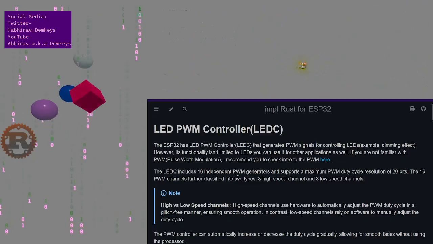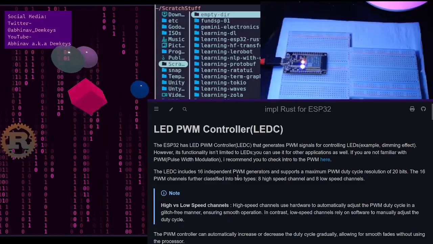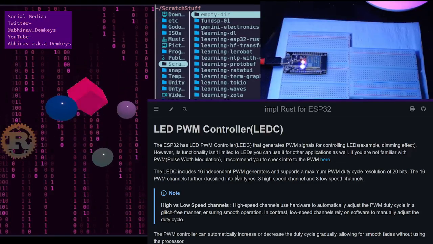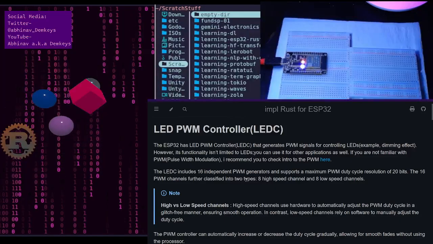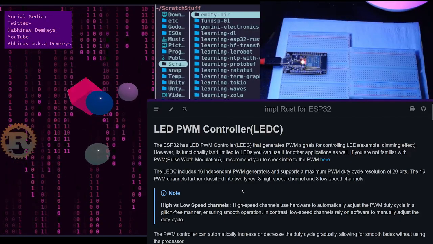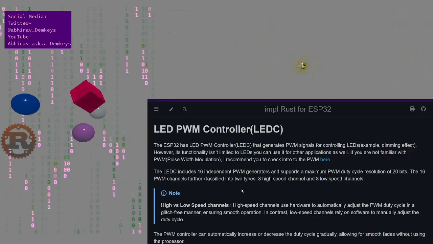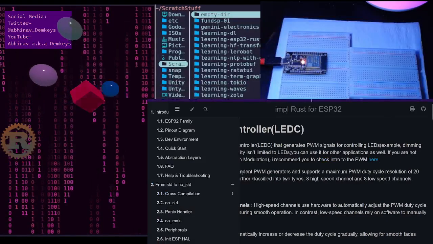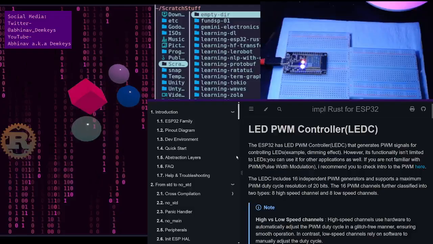We are ready to revisit the LED PWM controller, which we first studied when we were going through this entire Impl Rust for ESP32 book.